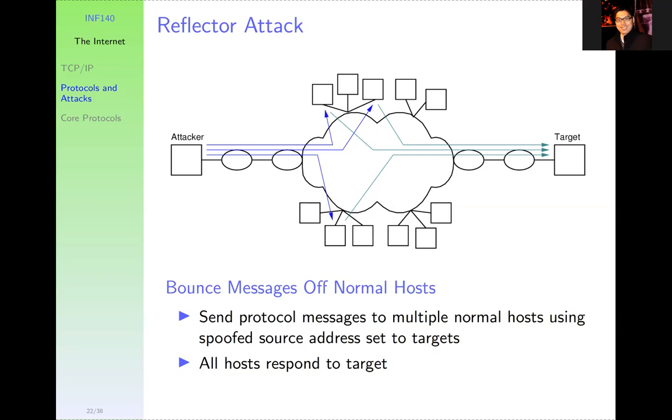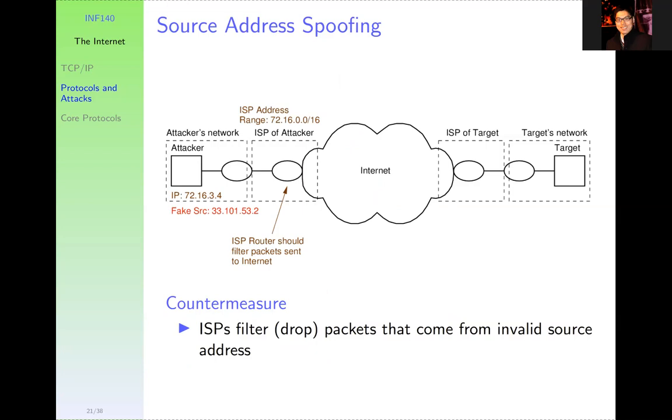Then we see another type of attack called the reflective attack or reflector attack. In this case, you see the ISP can check the source IP address. If it's not from its network, it's dropped.